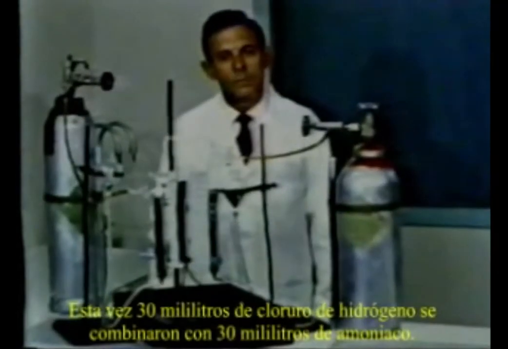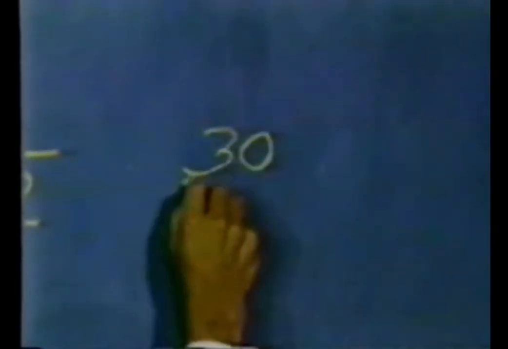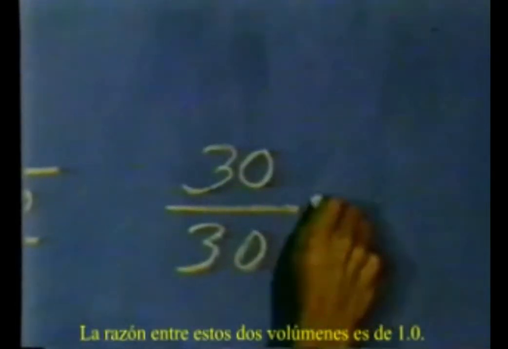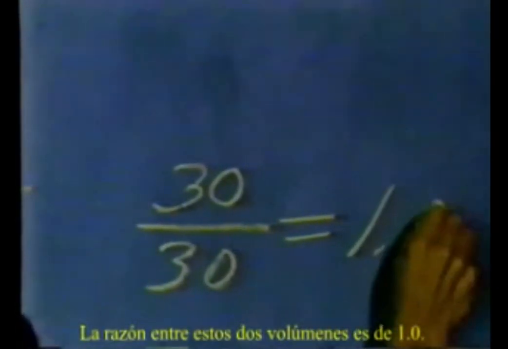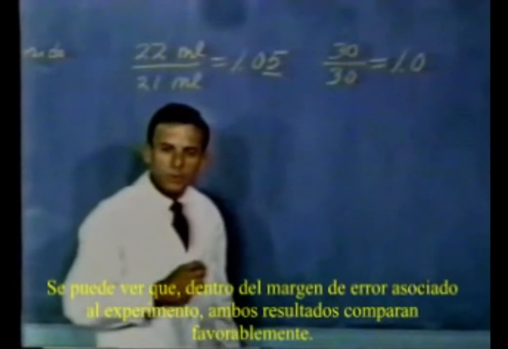This time, 30 milliliters of hydrogen chloride combined with 30 milliliters of ammonia. The ratio of these volumes is 1.0. Now you can see that these results are in agreement within experimental uncertainty.